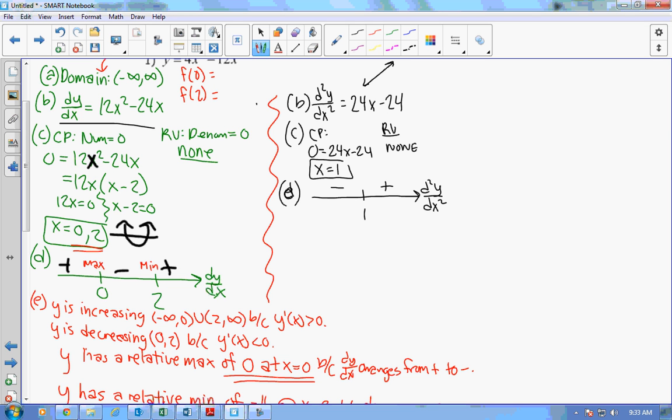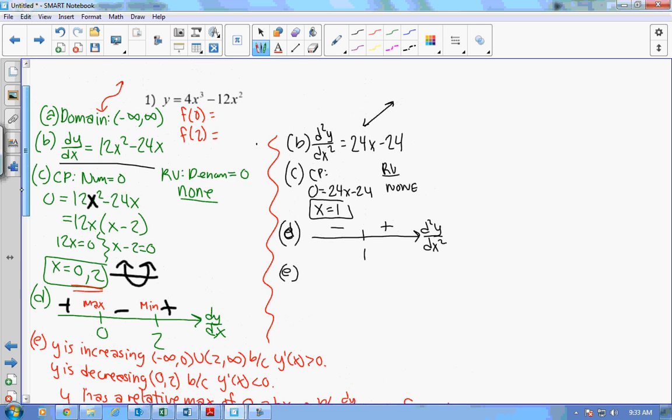This now tells us the point of inflection and concavity. Okay, can you tell me the point of inflection? And the point would be 1 comma, you plug in 1 to the original function, we get 4 minus 12, negative 8.